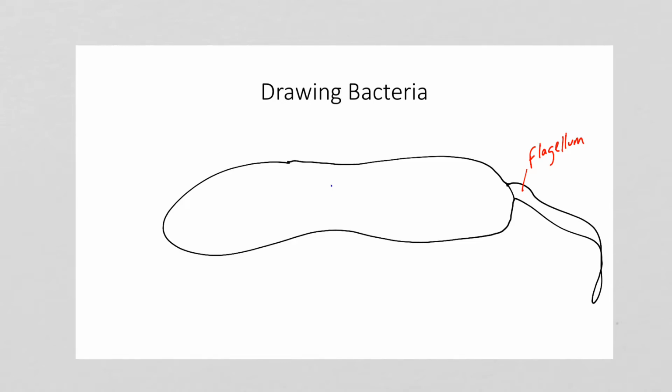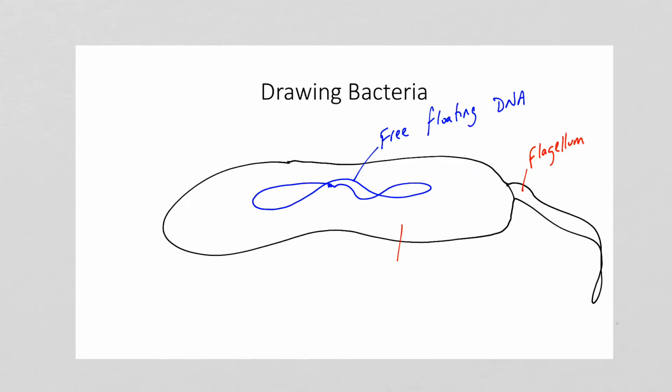And you can draw this however you like, as long as wherever you start, that's where you finish. So there is my free-floating DNA. I, of course, have the cytoplasm. I have the cell wall. Just underneath that, I will have the cell membrane.